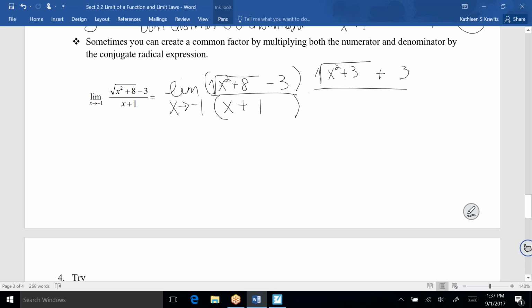Instead of minus 3, it's going to be plus 3. And we have to multiply the top and the bottom by the same thing. Oops, that's not what I meant to write there. All right, let's redo this here.